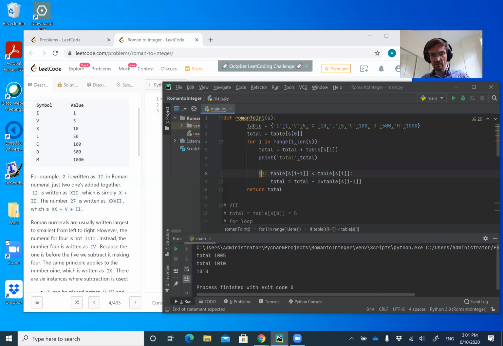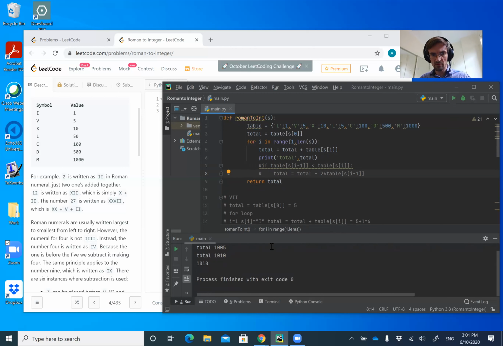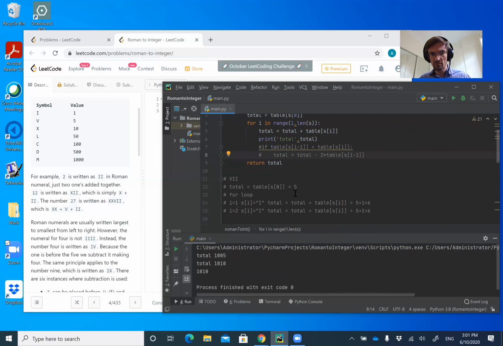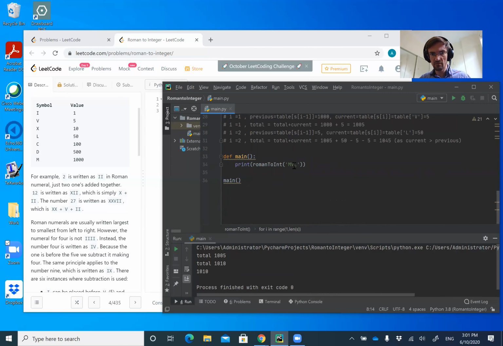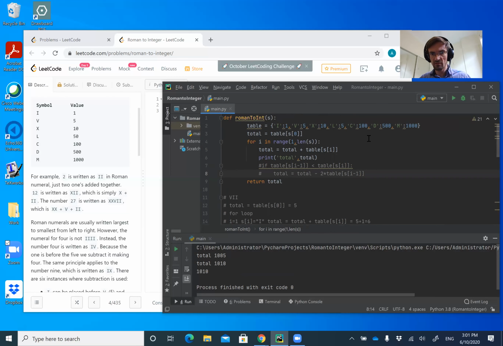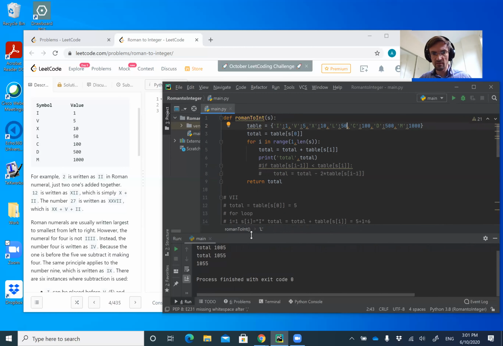Why are we getting only 10? VL, L should be 50. Oh, there it is, there is the mistake. So now we have 55, but if we make the adjustment, 45.